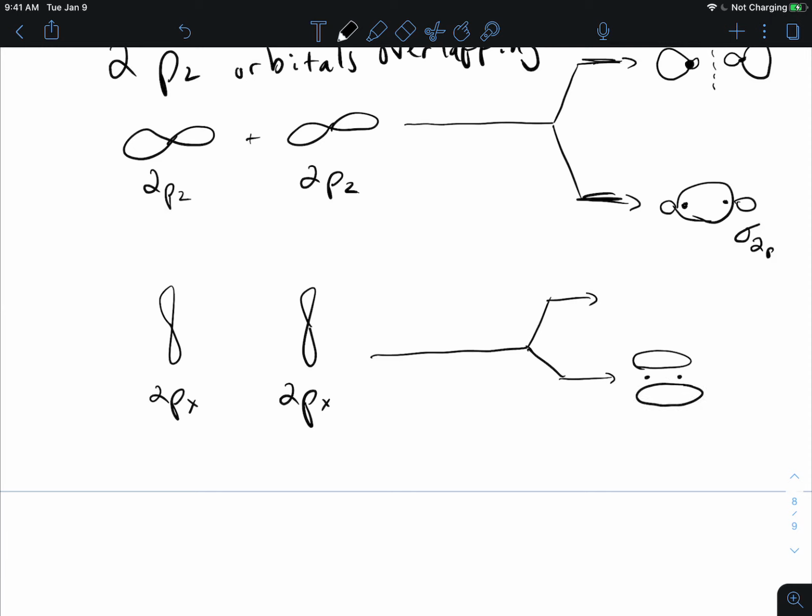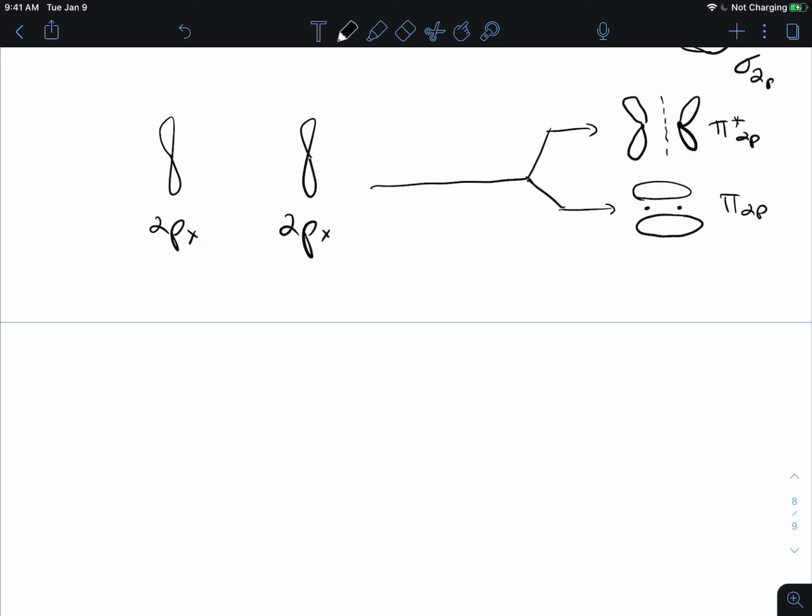We get our bonding, which remember, our electron density is above and below the internuclear axis, not right around it, and we get a node. Like that. This is going to be our pi star 2p, and then just our pi 2p.